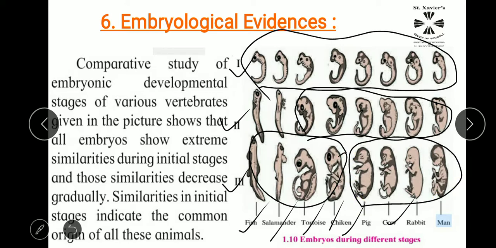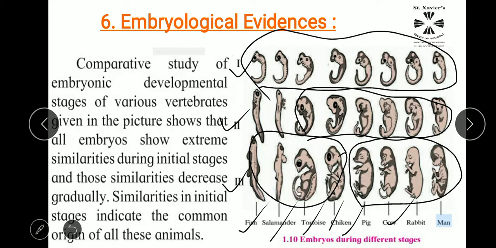So as the stage of development of the embryo goes ahead, we are able to distinguish the differences between the different embryos. But in the starting phase 1, we are not able to distinguish them, they look the same.